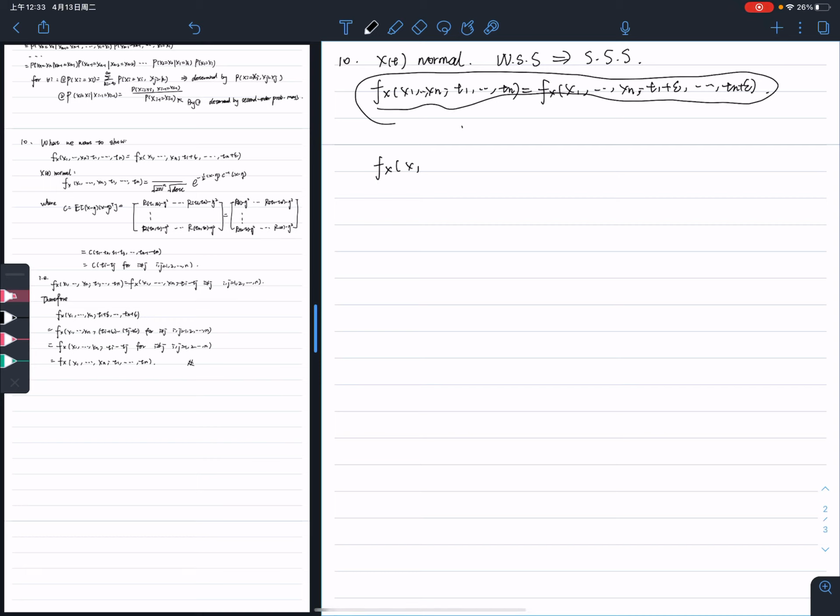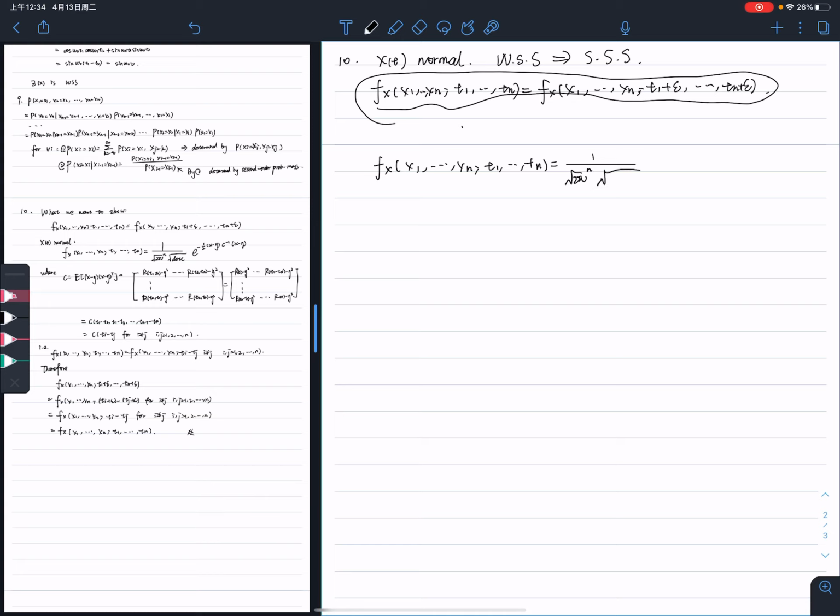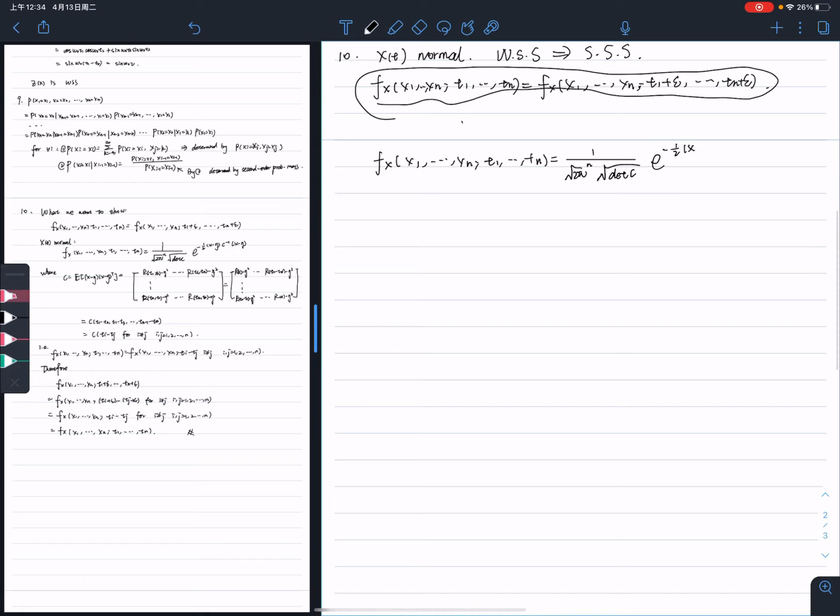It should be f(x; t1 to tn) equal to 1 over the square root of (2 pi) to the power of n times the square root of the determinant of the covariance matrix, times the exponential of -1/2 times (x minus eta) transpose times the inverse of the covariance matrix times (x minus eta).